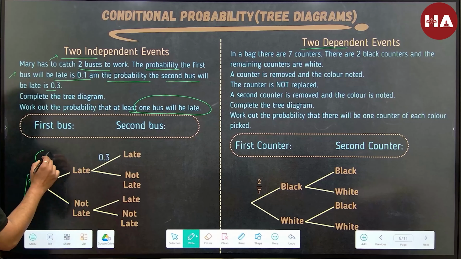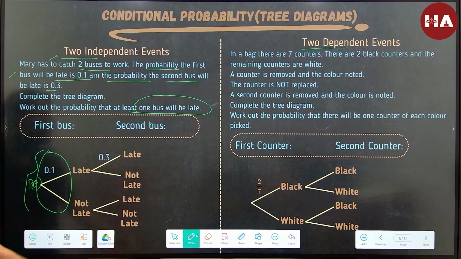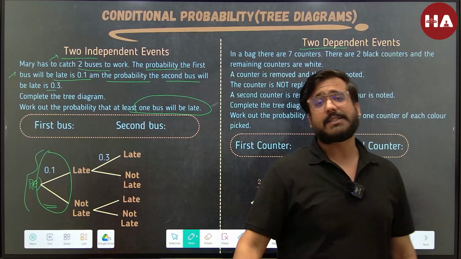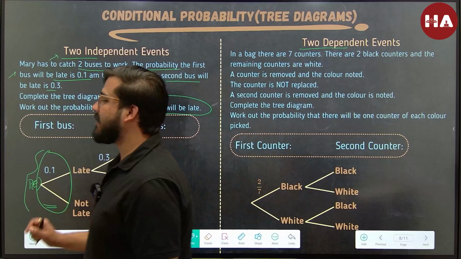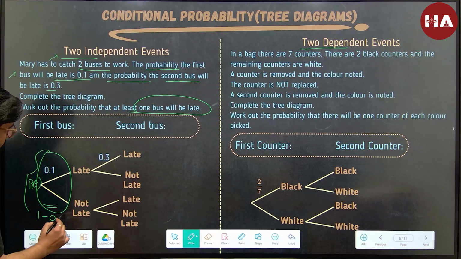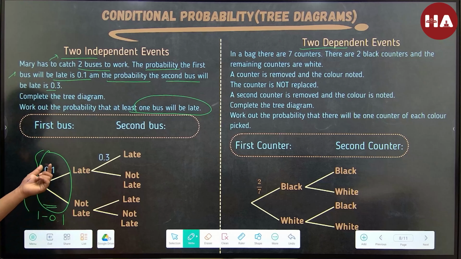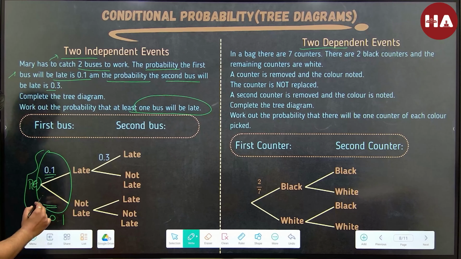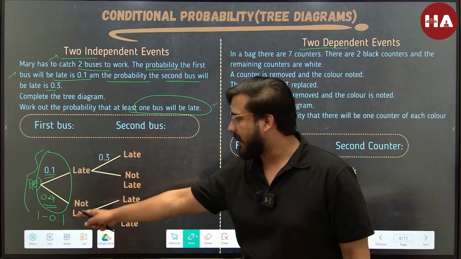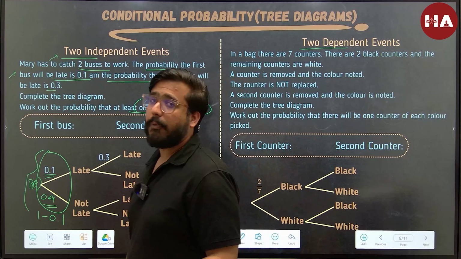This is the first branch of the tree, so both branches add up and give the answer 1. To find this value, subtract it from 1. So 1 minus 0.1 is 0.9. Mary will not be late, so the probability for the first bus is 0.9.